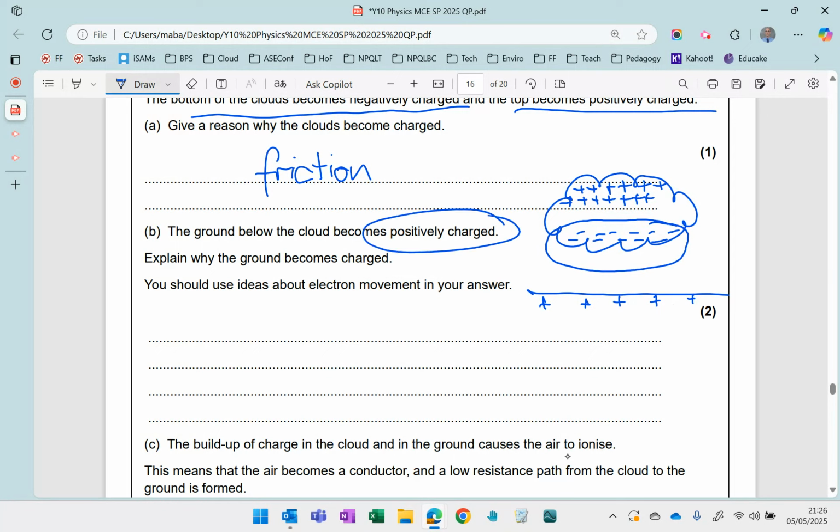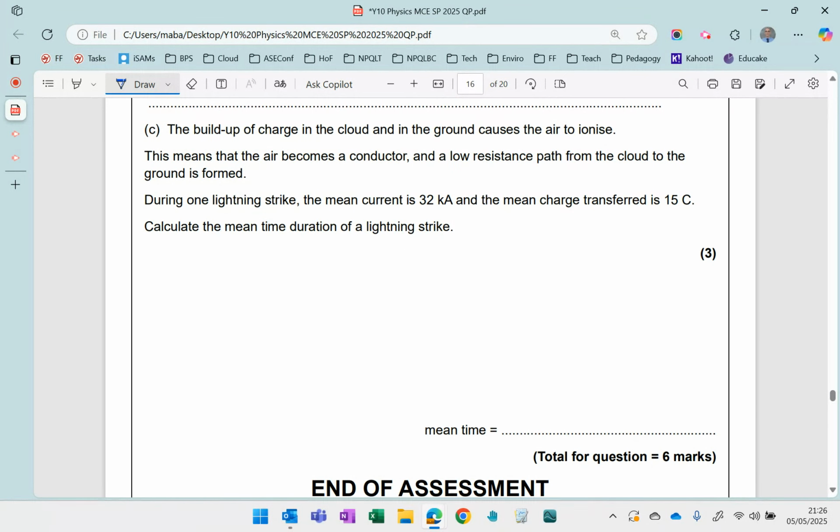Okay, so that's why the ground becomes positively charged underneath the cloud, is because the negative charges on the bottom of the cloud repel away the electrons in the ground, okay, and that just leaves these positive charges behind.